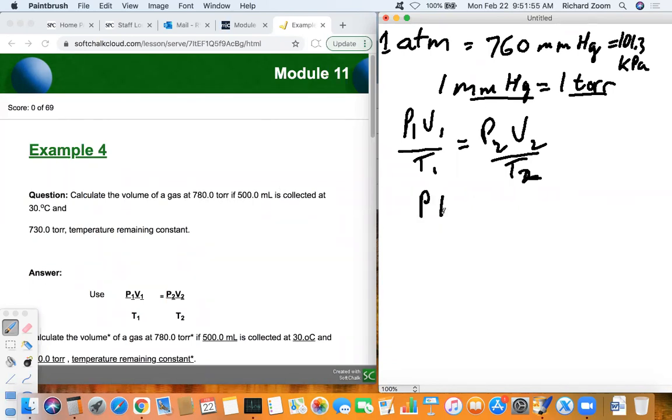Whenever we're doing these kinds of problems, I like to write out P1, V1, T1, P2, V2, and T2.